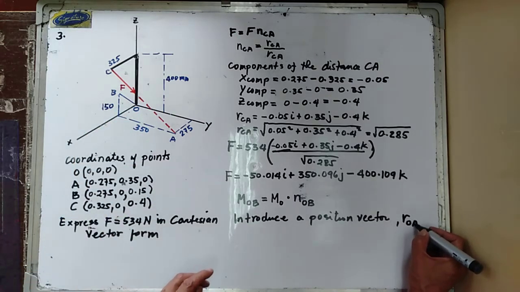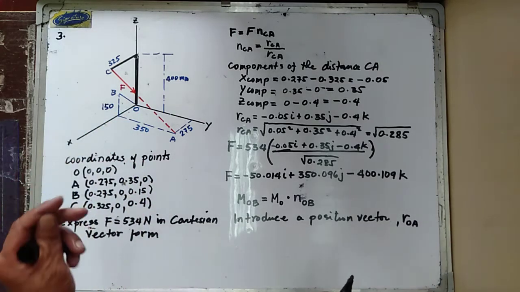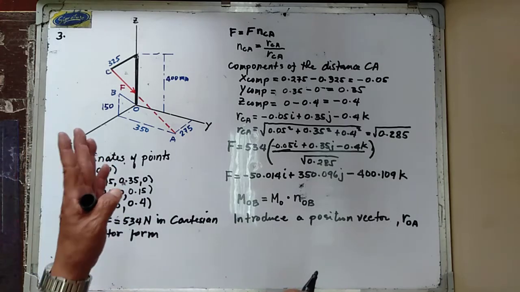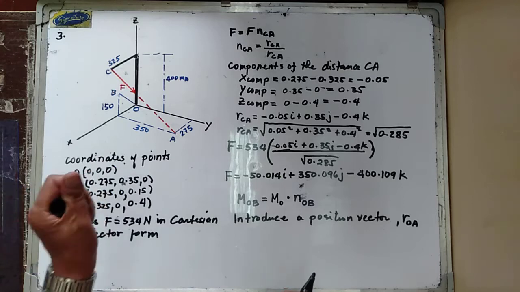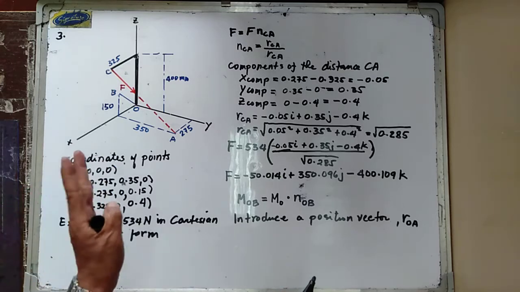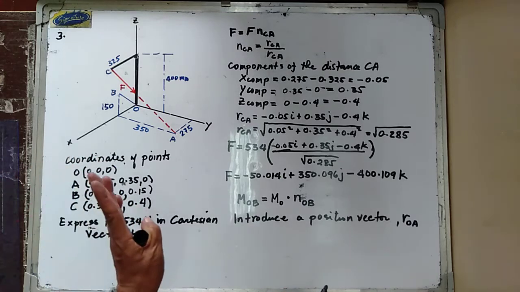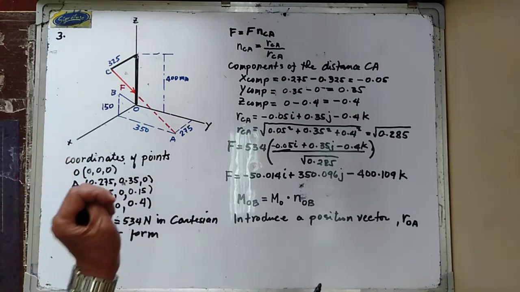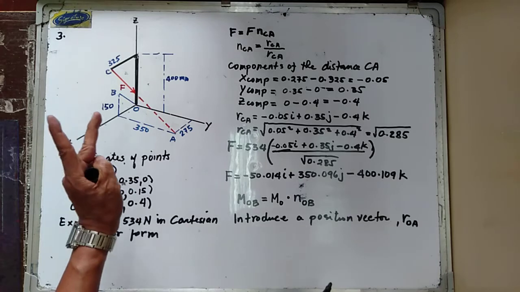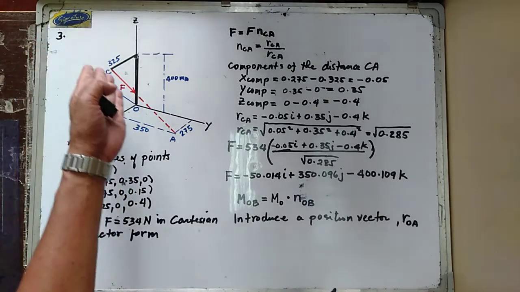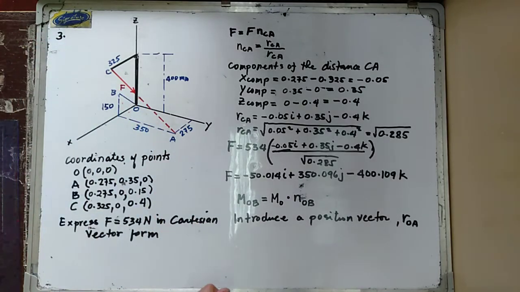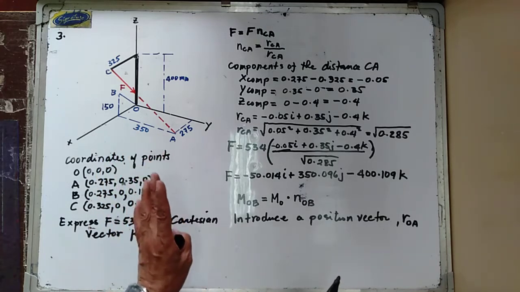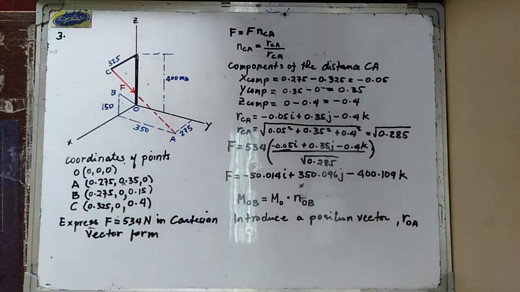Take note that we defined before the moment of a vector about a point as the position vector cross the vector itself. The position vector should be introduced originating from the moment center to any point along its line of action, provided that the coordinates of that point are known.